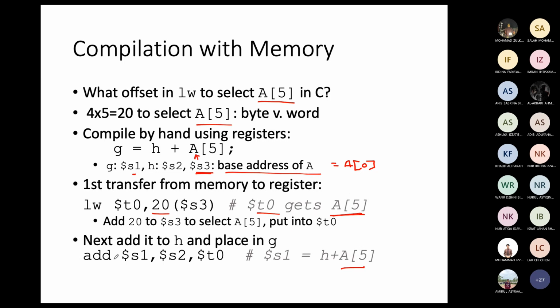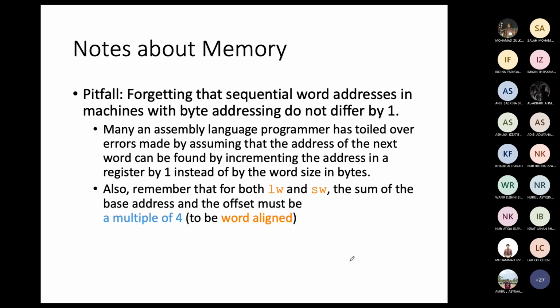So add $s1, $s2, $t0. So here we have $t0 added with $s2 and then stored in $s1. So thus comes the expression in C, $s1 = h + A[5].